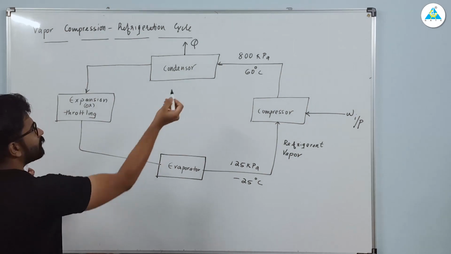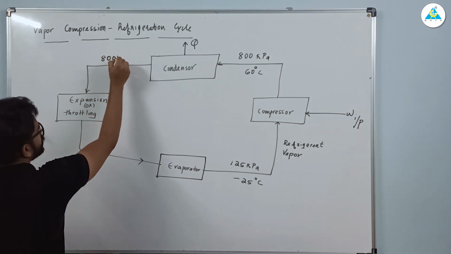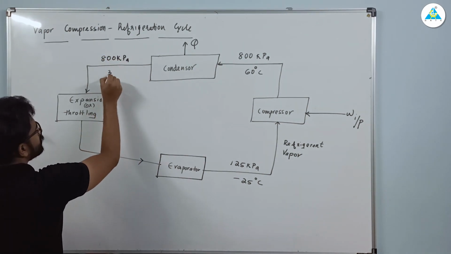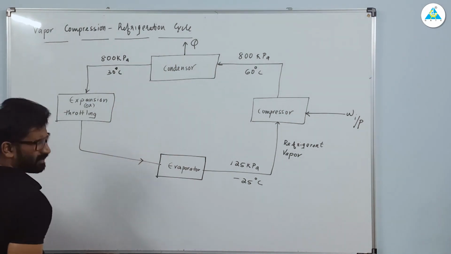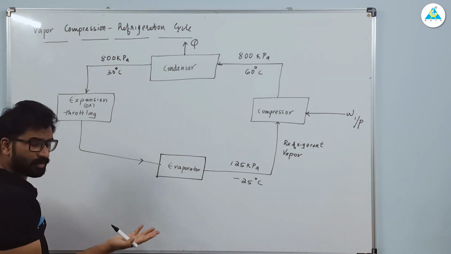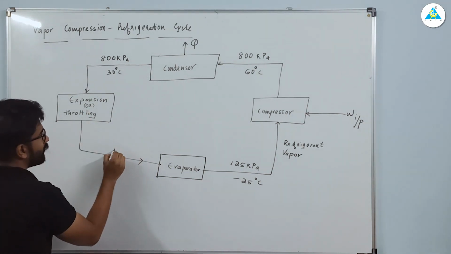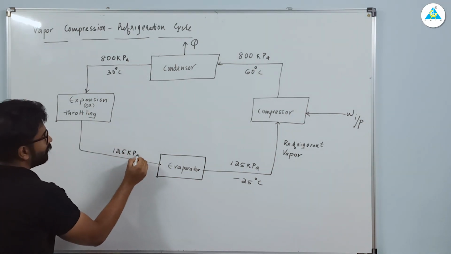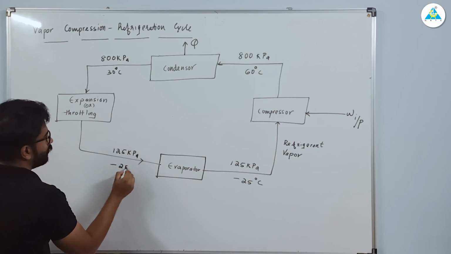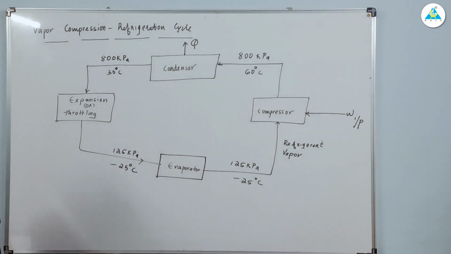Now I'm saying 800 kilopascal is the pressure, and some temperature is decreased since it is condensing. We can say it is the same temperature also, no problem. So this is our cycle, the vapor compression refrigeration cycle.